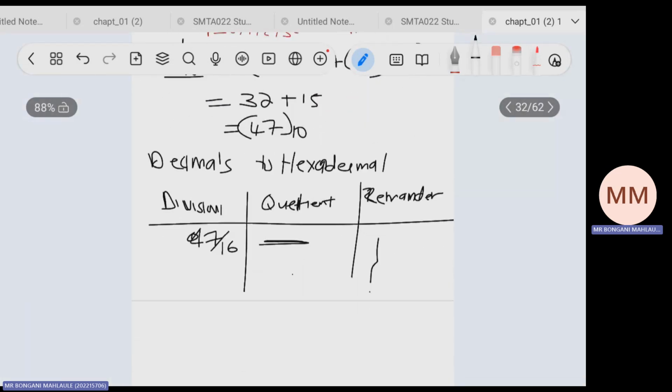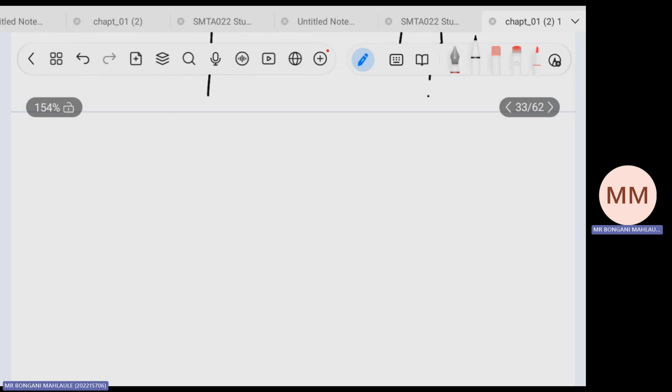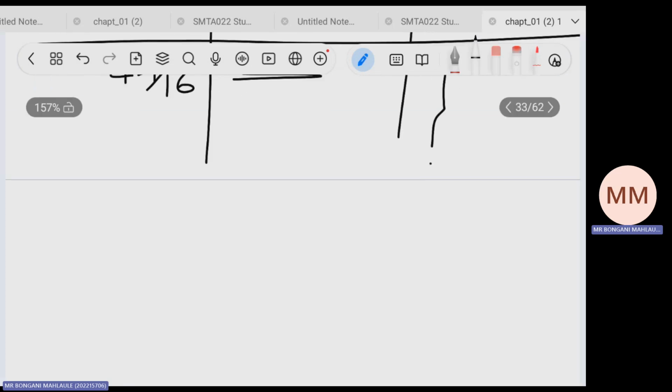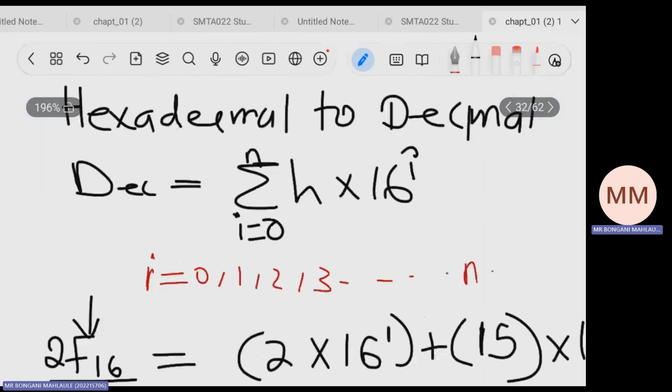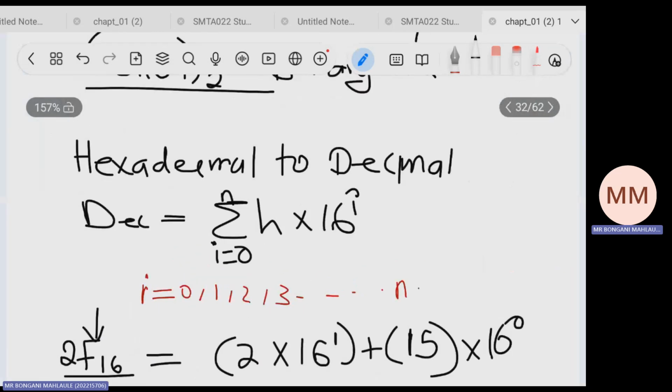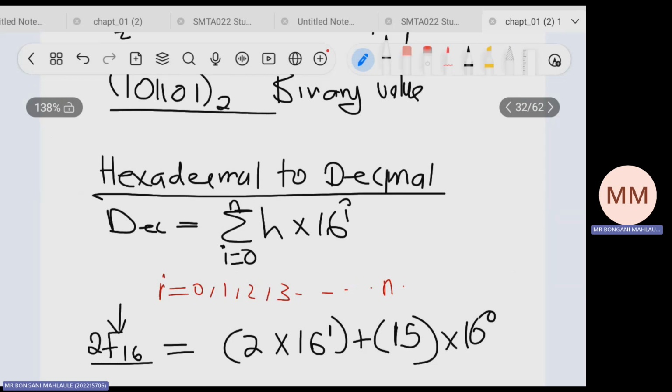From decimal to hexadecimal. So some of the other formulas that I've shown you, let me see something here. Okay, I showed you this one, right? We're converting from hexa to decimal.